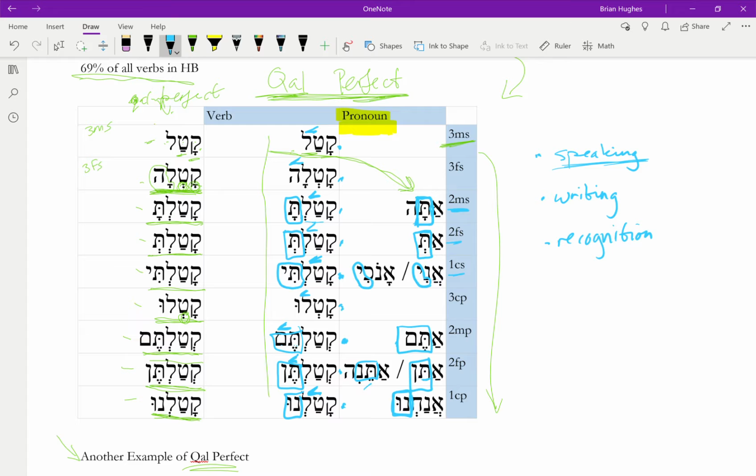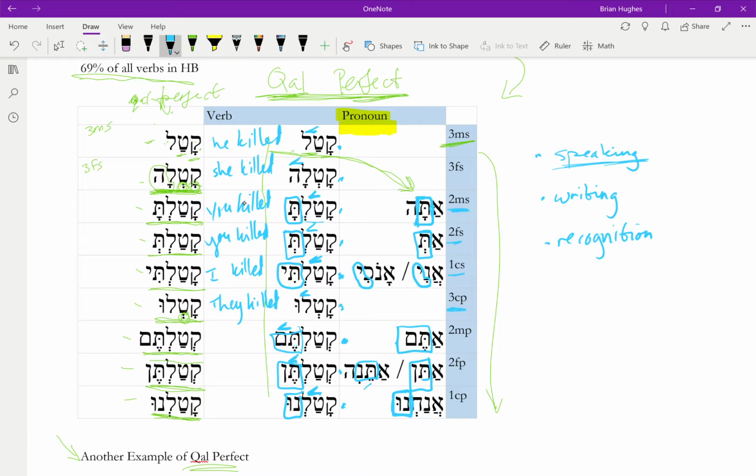All right, so the meaning of this would be: he killed, she killed, you killed, feminine. This would be I killed. This would be they killed.